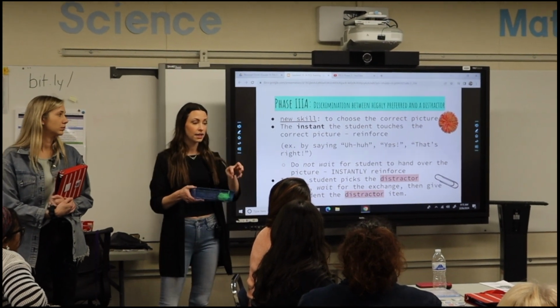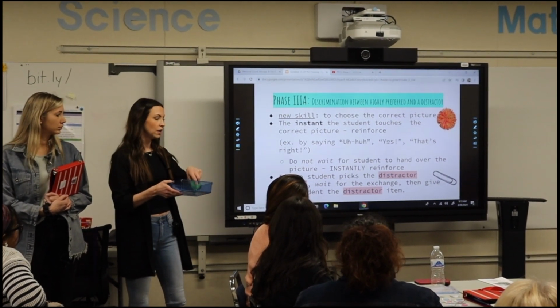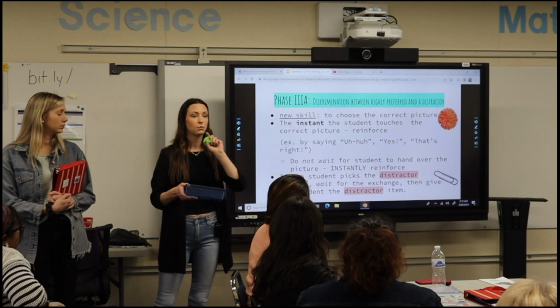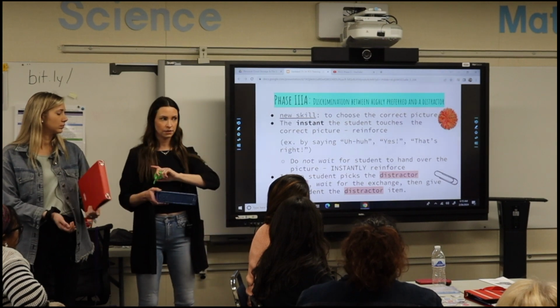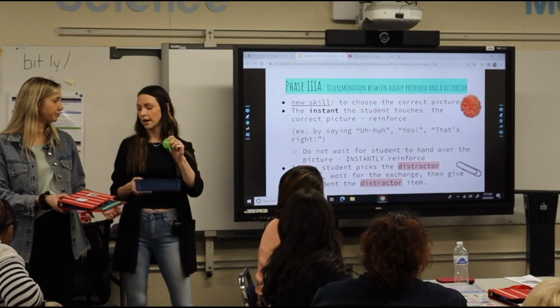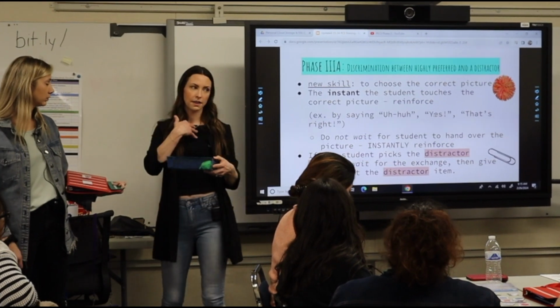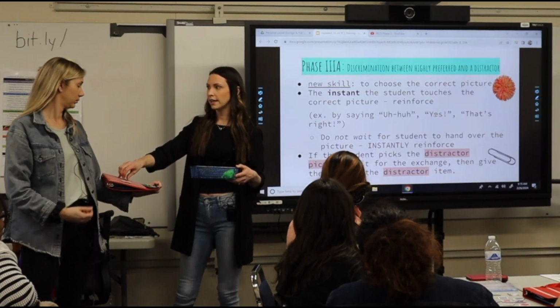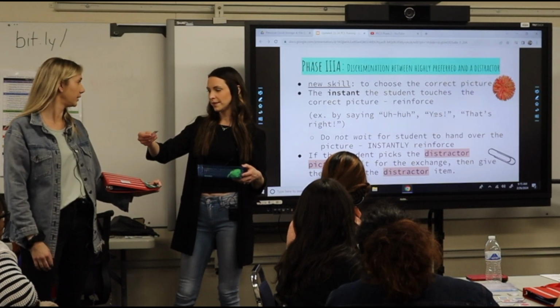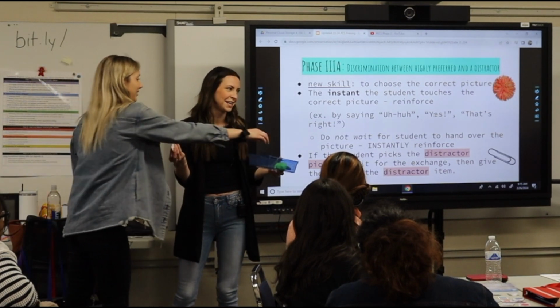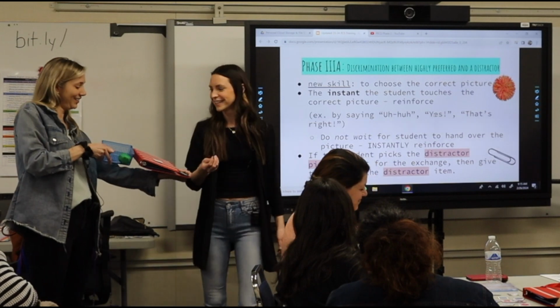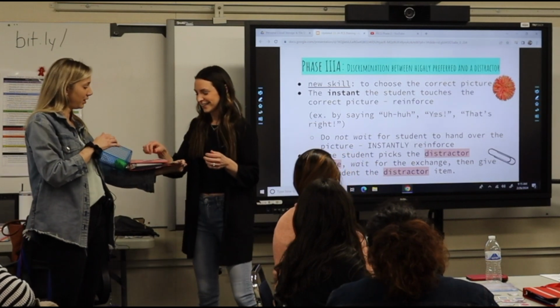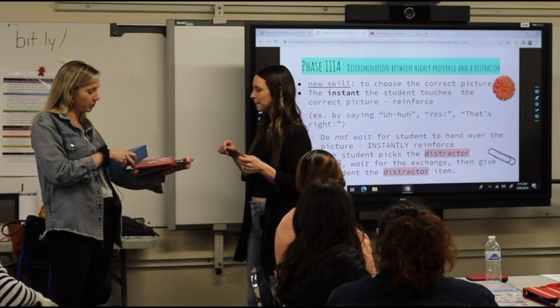But if they pick the squish ball icon, we're going to immediately reinforce with verbal praise. So we know that they want the squish ball, and I'm reaching for the picture. I get it, and you're going to instantly give immediate verbal praise. It's so awkward. Sorry, okay, go again. Okay, so she reaches for the squish ball.